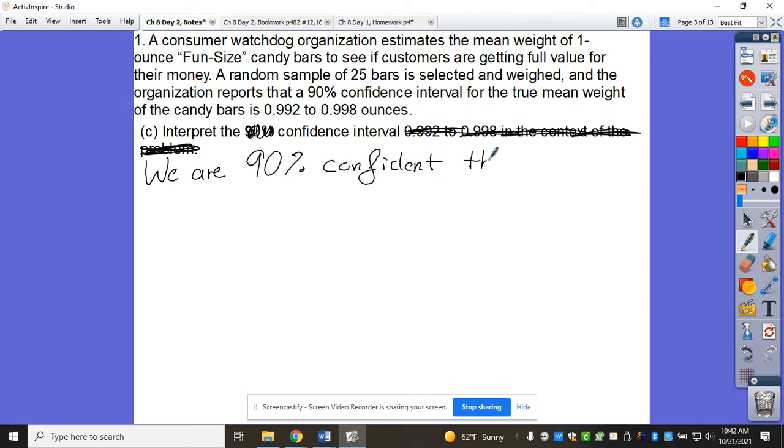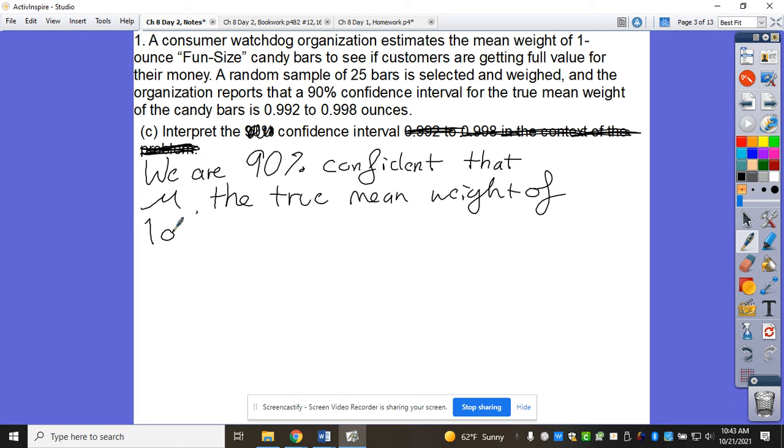That what? So what is my parameter that I'm trying to estimate? That mu, which is, and I'm going to be as specific as the problem here, 1 ounce fun size candy bars.